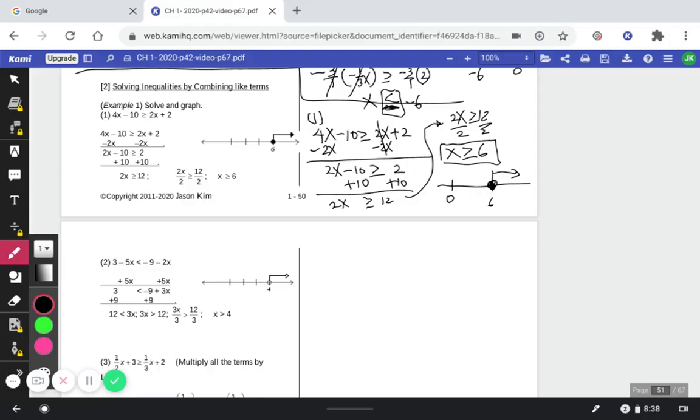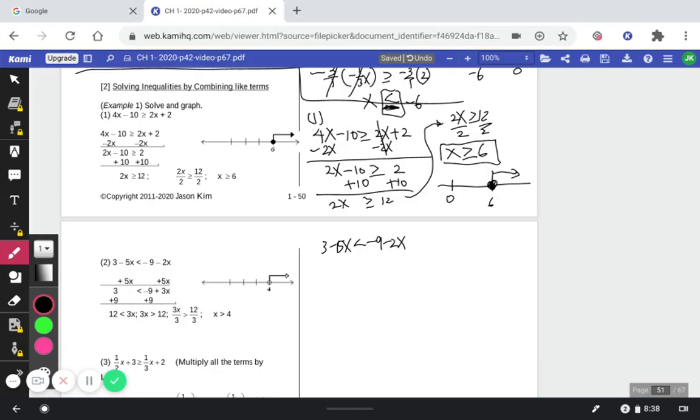Let's say you have number 2, 3 minus 5x is less than negative 9 minus 2x. So you have x on both sides. So you have to move the smaller x. Here you are testing which one is smaller, negative 5x or negative 2x.